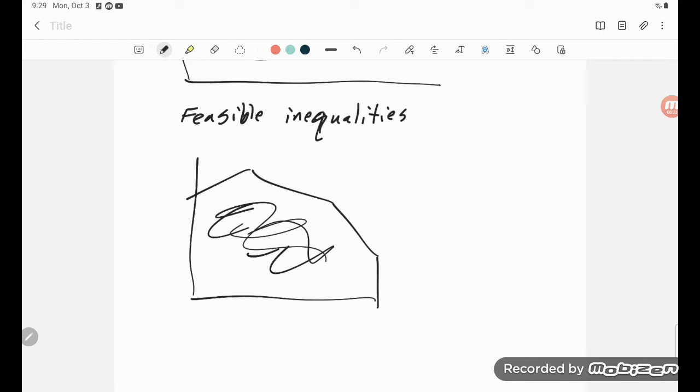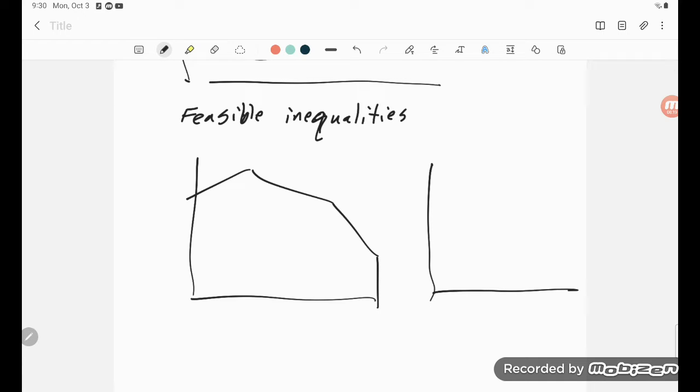Now I'm going to erase that because we might need that. Okay, so now let's draw another one of these beside it for contrasting a couple of things. So here's our same sort of feasible region. Similar anyway.